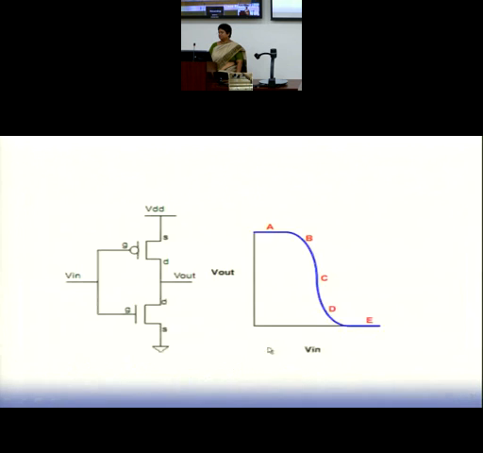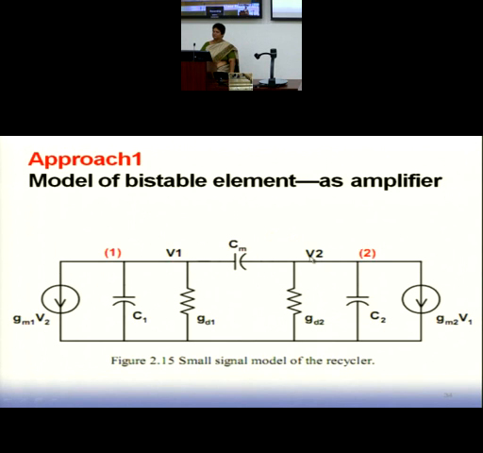So I try to develop a small signal model of it. It's a cross-coupled inverter with these characteristics. You have to visualize two inverters connected back to back. One has parameters designated by subscript 1, the other by subscript 2. We are developing a small signal model.